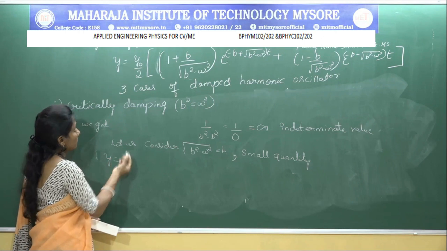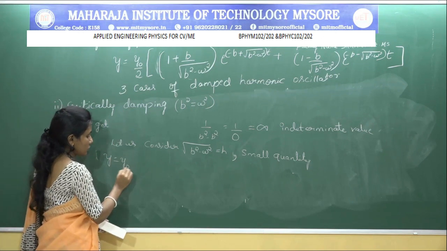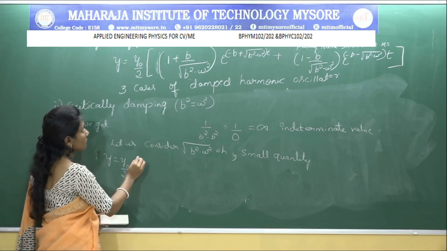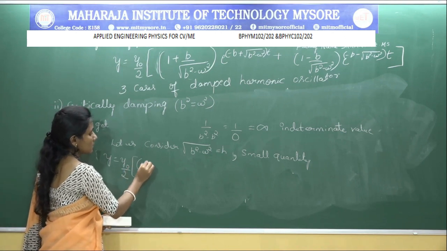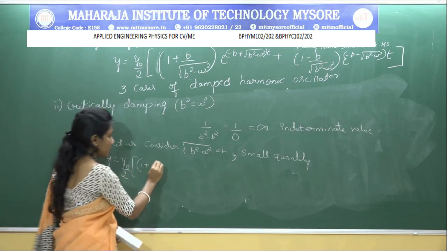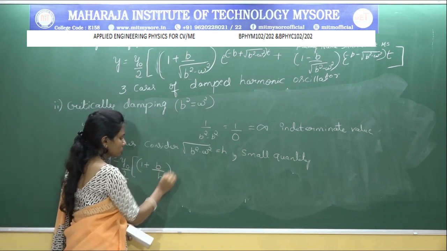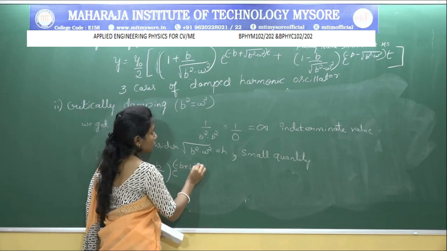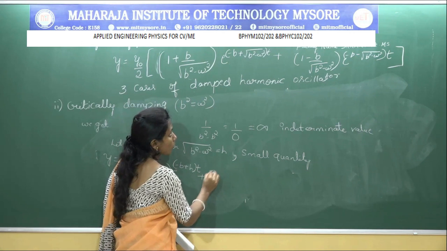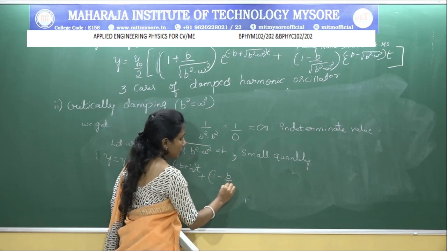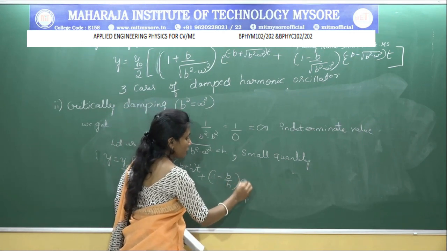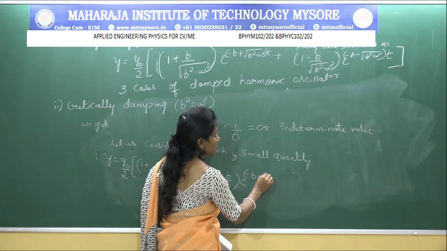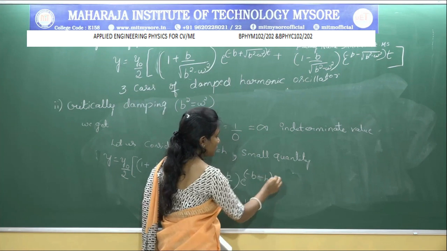y is equal to y naught by 2 into (1 plus b divided by h) e to the power of minus (b plus h) into t plus (1 minus b divided by h) into e to the power of minus (b minus h) into t.